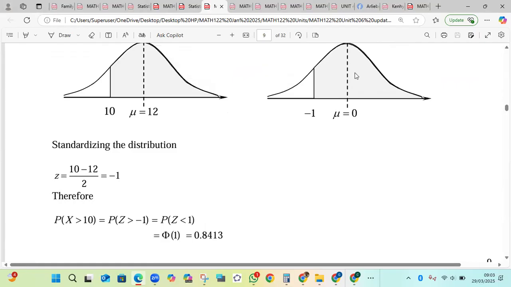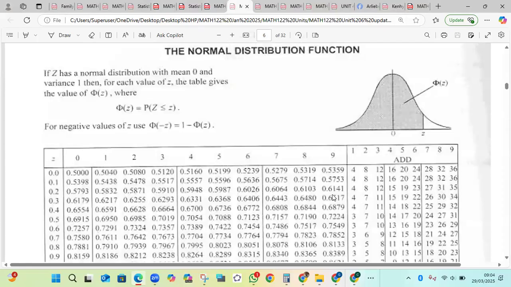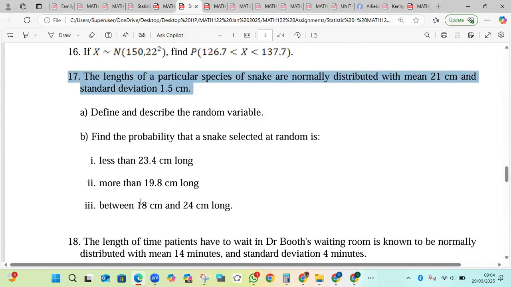This is a big chunk, so it is the same as phi of a positive value, and you should get your answer straight off the table. There is no 1 minus going on here because these are big chunks.